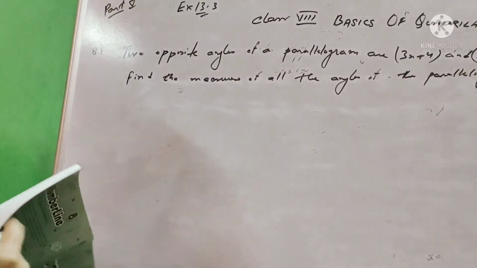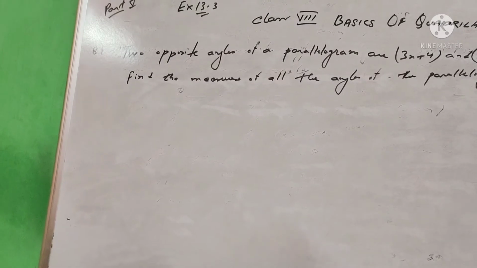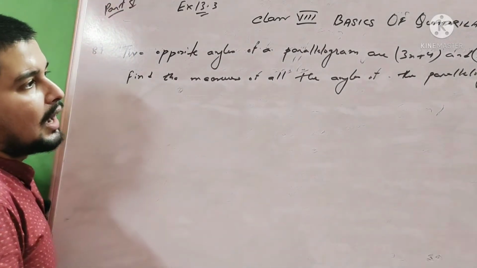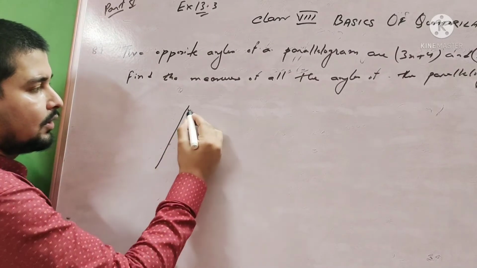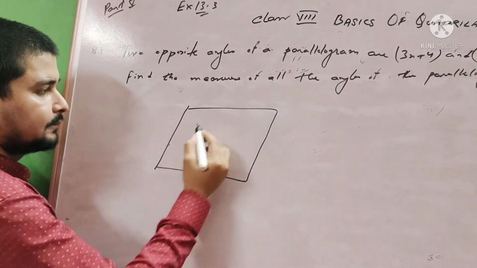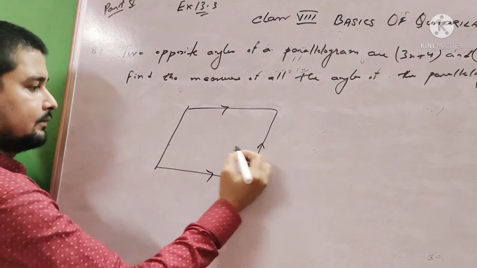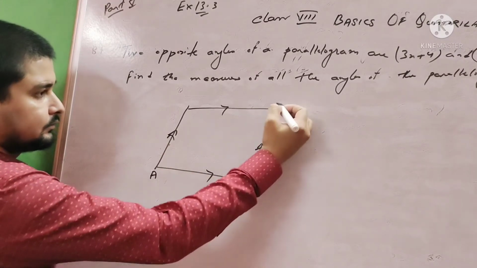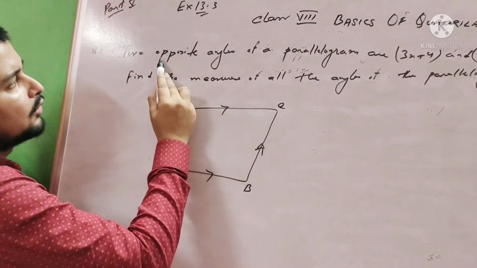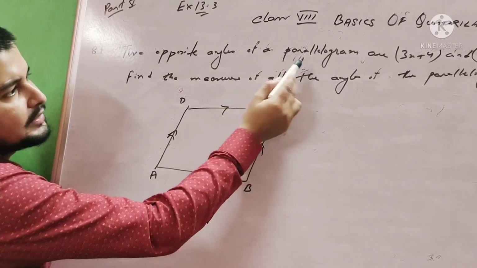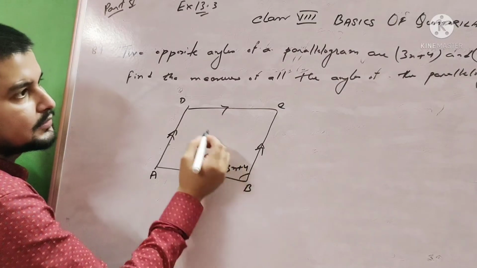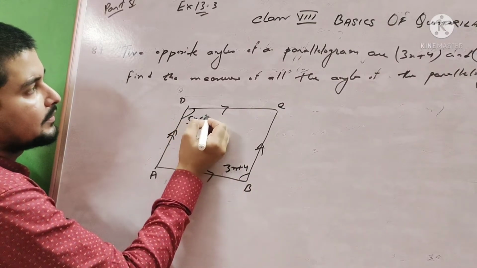Okay, so first of all we draw the parallelogram. Two opposite angles of a parallelogram: suppose this one is given as 3x plus 4 and this one is 5x minus 2.